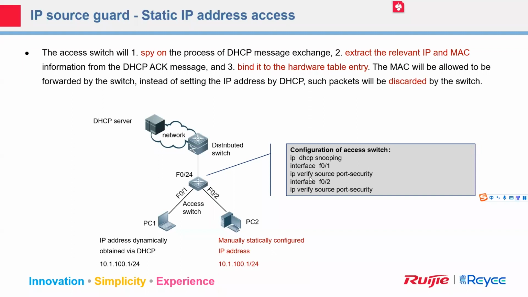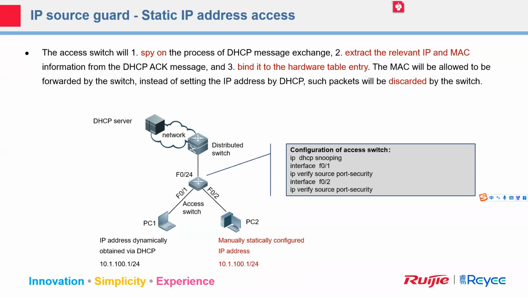And after we add this command, what's the principle of the switch? How does it deal with the DHCP packets? We have several steps. The first one, we will spy on the process of the DHCP message exchange. What does it mean? The switch by default, when I receive the broadcast of DHCP, I will flood. When I receive the unicast of DHCP packets, I will directly forward.